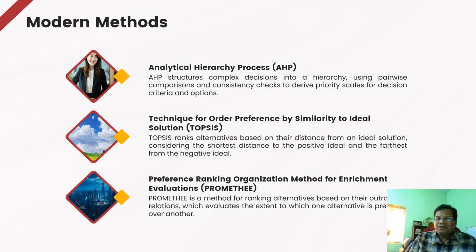We have different software for doing AHP, TOPSIS, and PROMETHEE. Along with that, I have compiled almost 100 different types of MCDM methods, where we can use them, what their background is, and what different fields we can use them in.